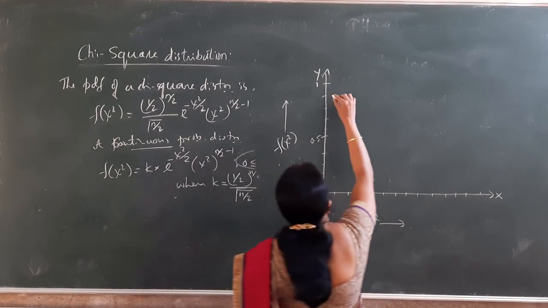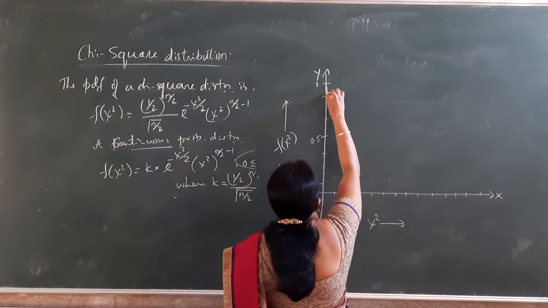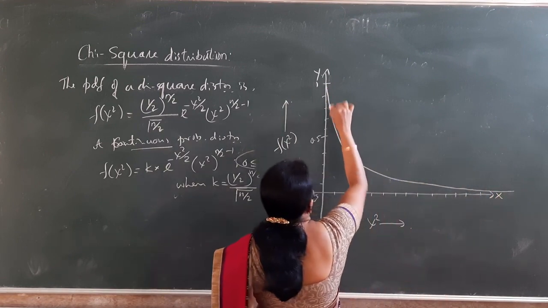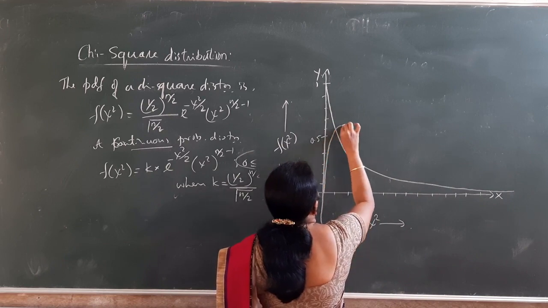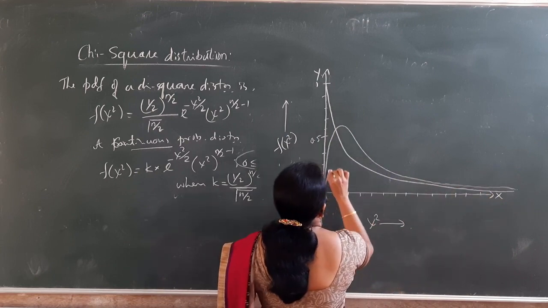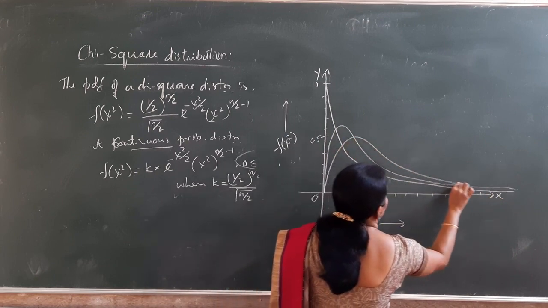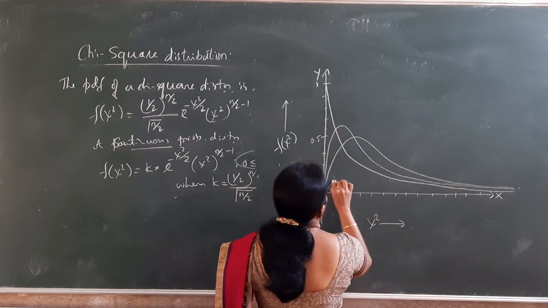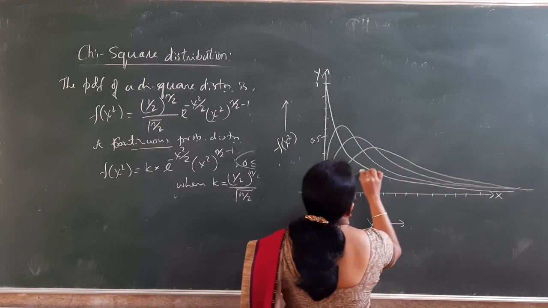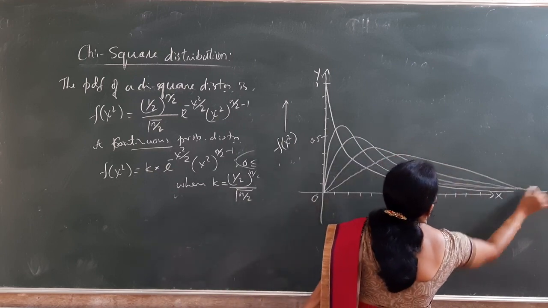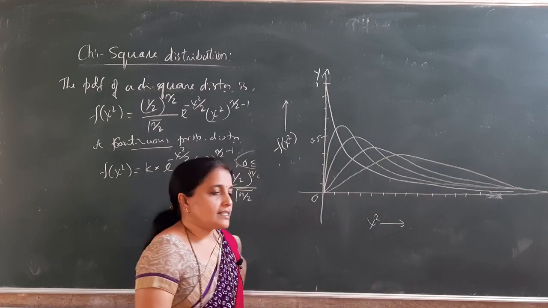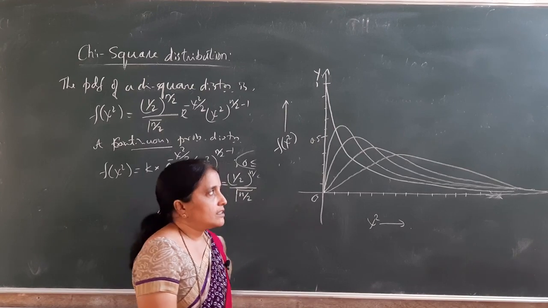What is the probability curve of a chi-square distribution? These are different chi-square curves.